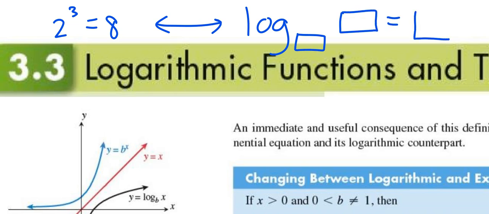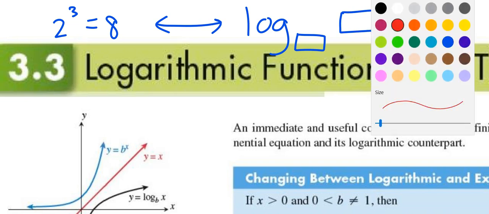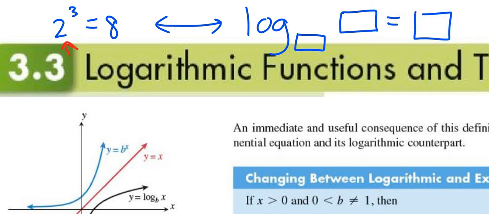So we probably need to go over that. All right, so we've got something called a base and an exponent, and it equals something called the argument. Base to the exponent equals argument.